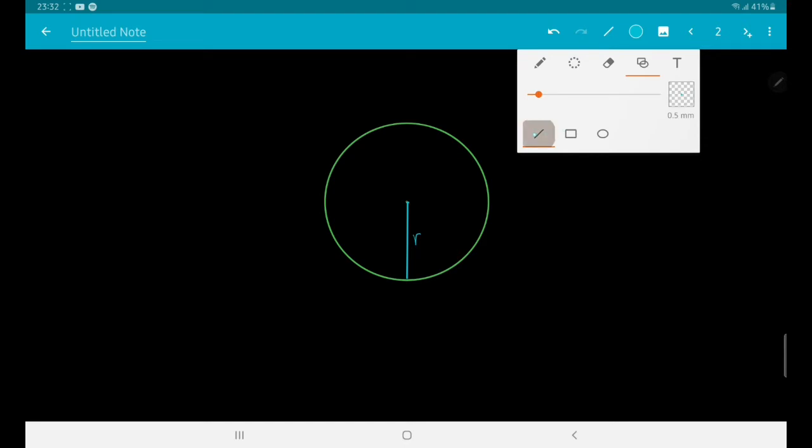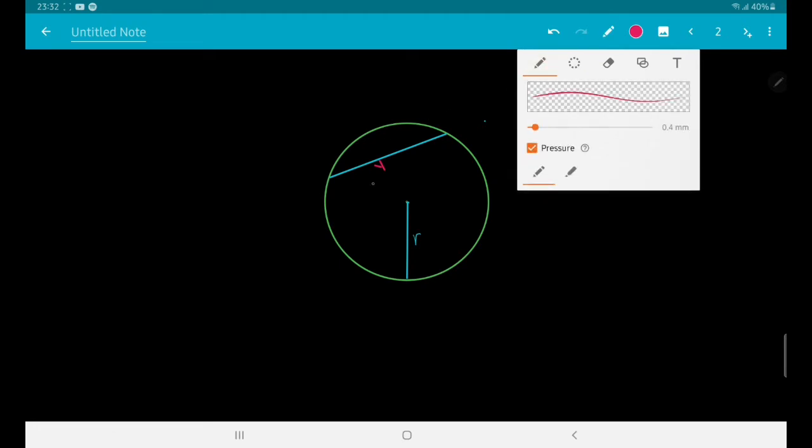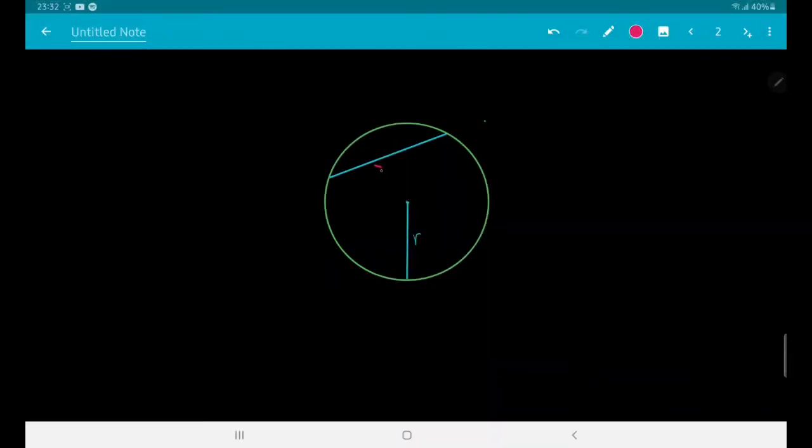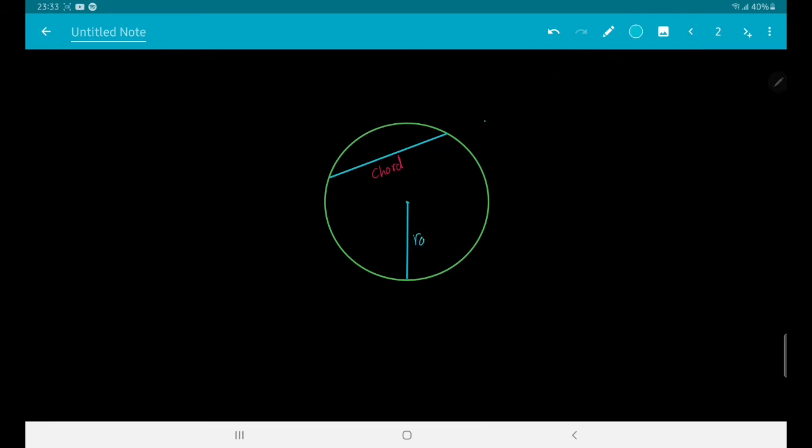Next we have the chord. The chord is the segment between any 2 points on the circle. So this one is called a chord, and this one is the radius.